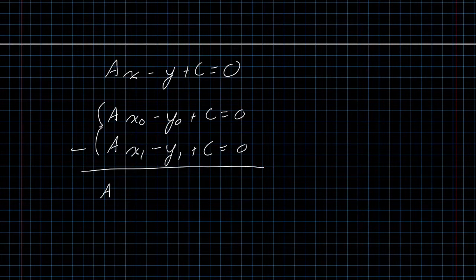And so I get A times x naught minus x1, minus y naught, and then minus and minus is plus y1, and then I have plus C and minus C, which cancel each other out. So this is equal to 0.